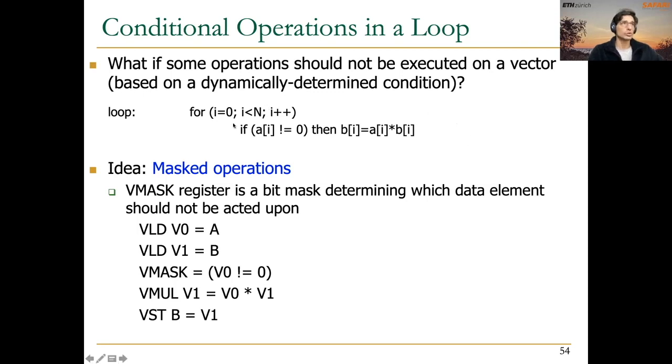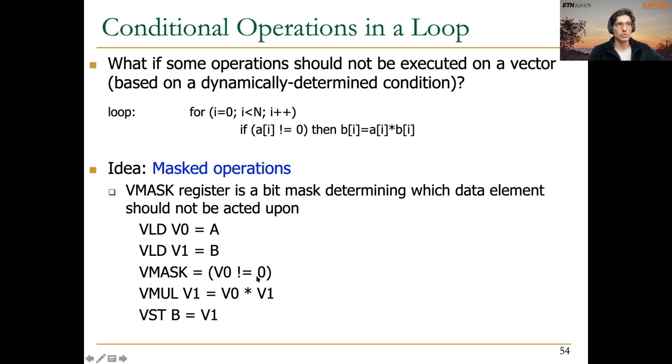In order to implement this simple code with vector or SIMD code, we would first load the elements from A, and load the elements from B. Now notice that we have to compute the bit mask that will be stored in this VMASK register.